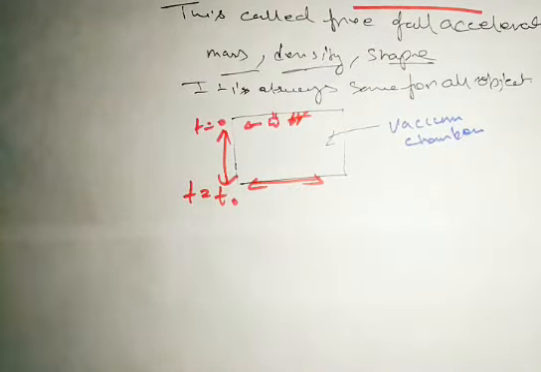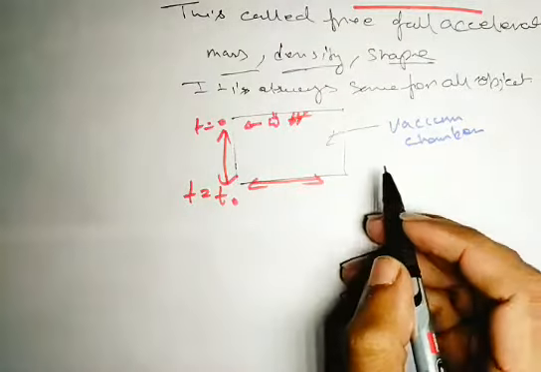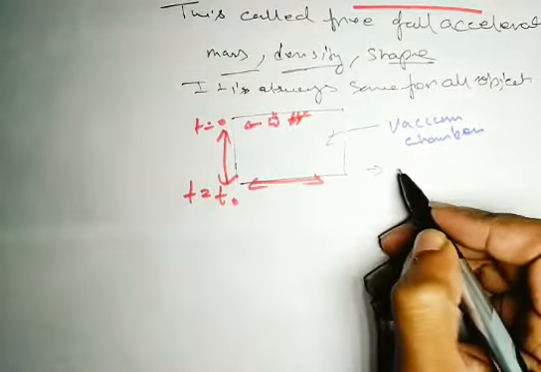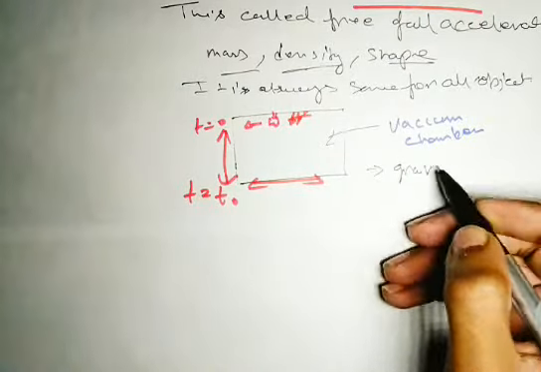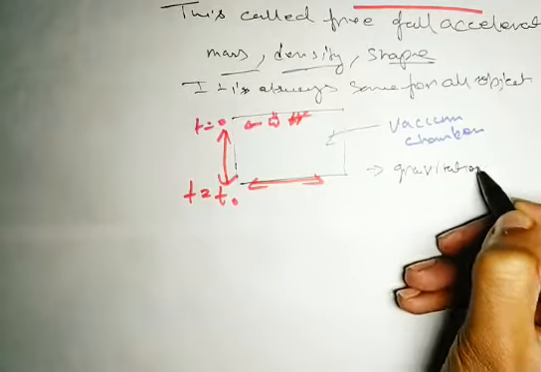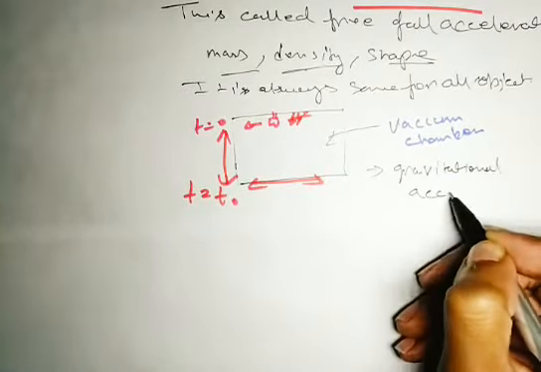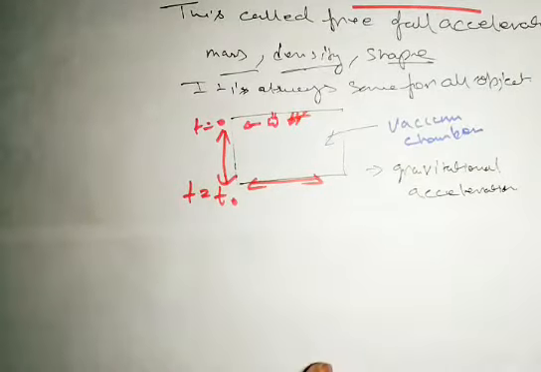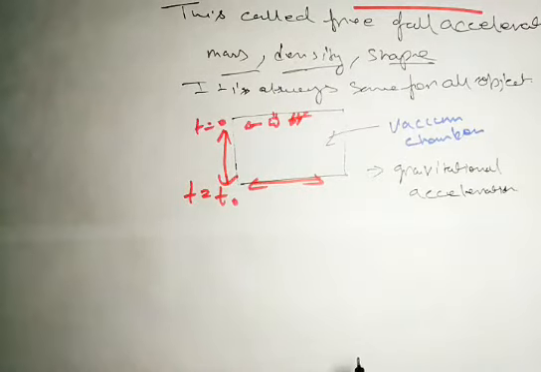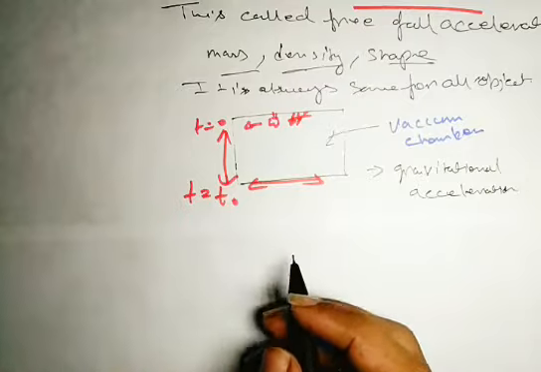So moving on, all this we can say is gravitational acceleration. The gravitational acceleration varies per area on Earth.